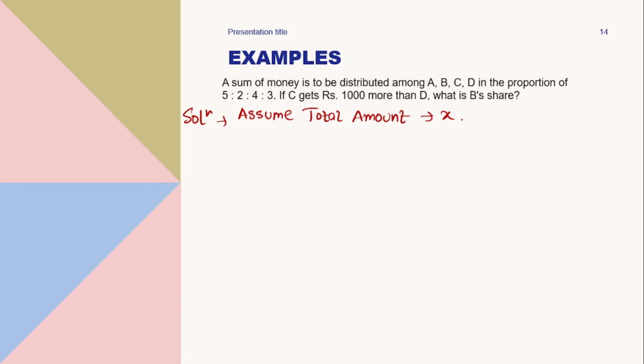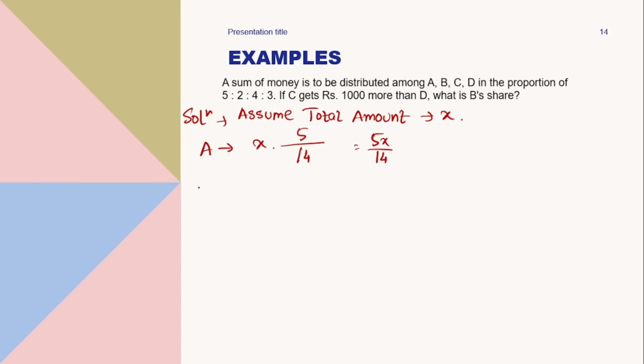Okay, so the share of A will be X into 5 by 5 plus 2 plus 4 plus 3, that is 5 by 14, so 5x by 14.